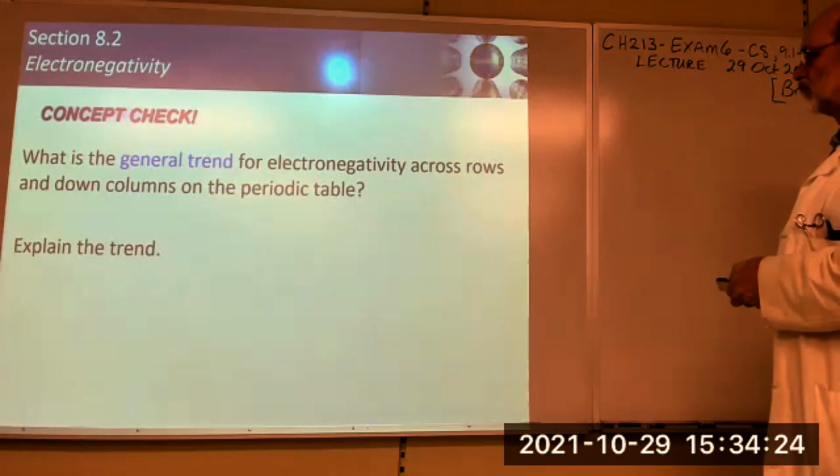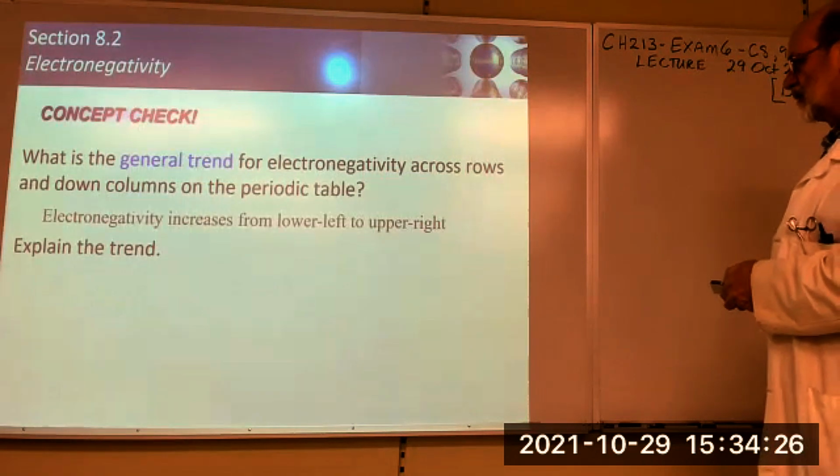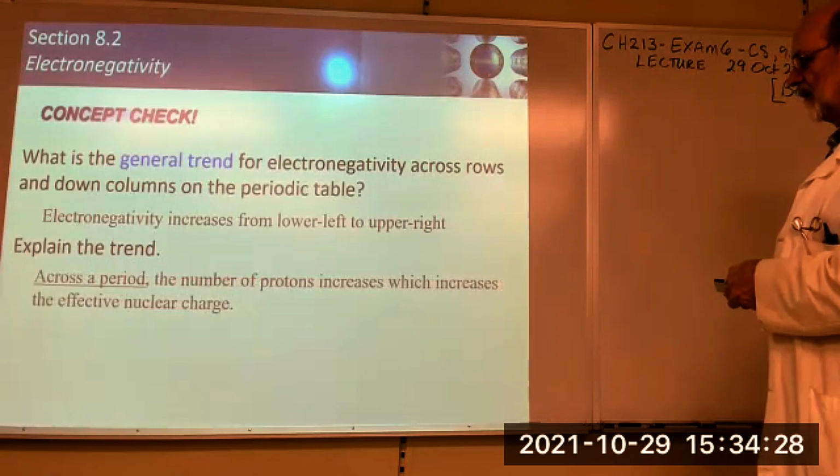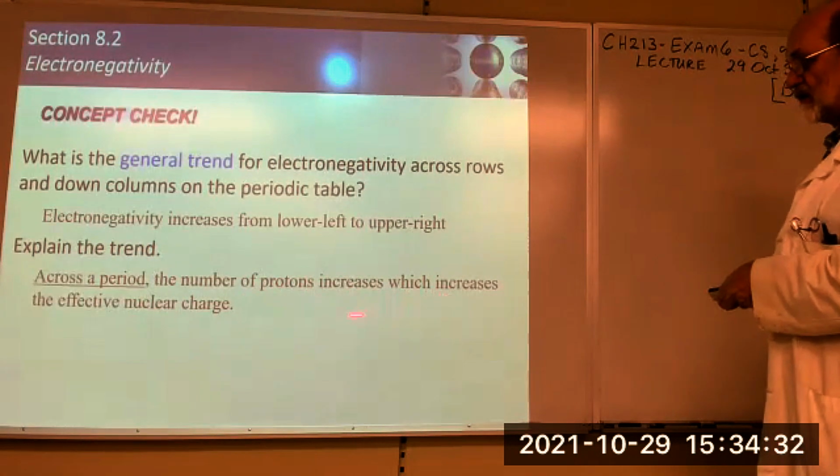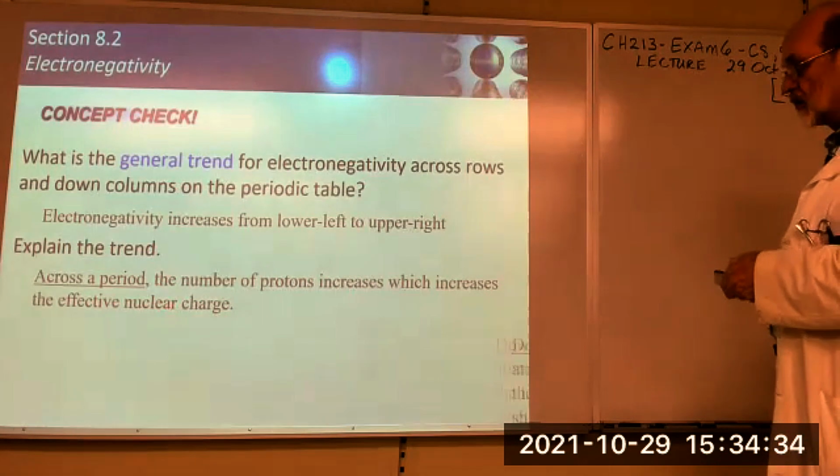We already said this: lower left, upper right. There's the explanation. Across a period, you're increasing the number of protons and the effective nuclear charge.